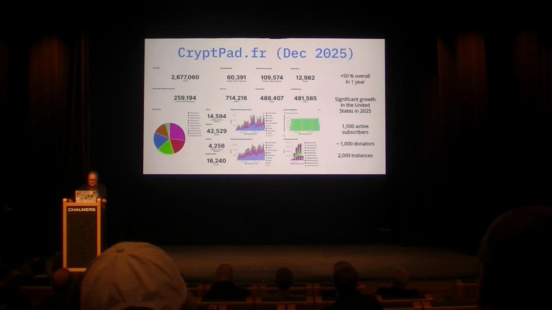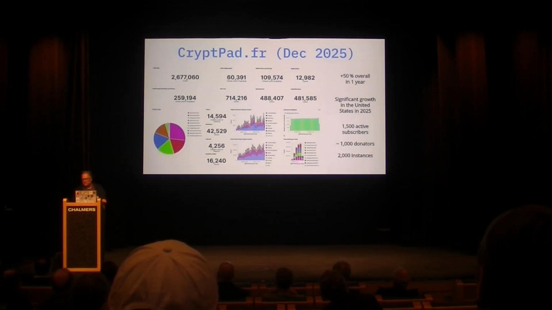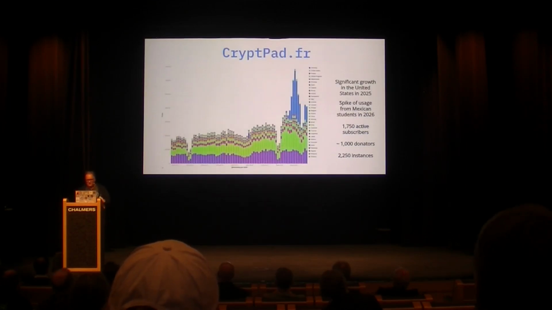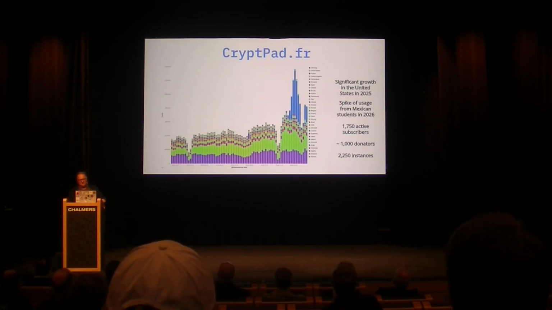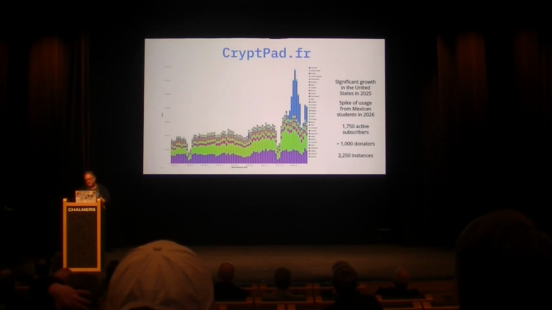We have hundreds of thousands of users coming every month just on CryptPad FR. And out of that, we have 1,500 subscribers and around 1,000 donators. So actually, this is more recent data, as during 2025 we almost doubled usage, or 50% more usage.